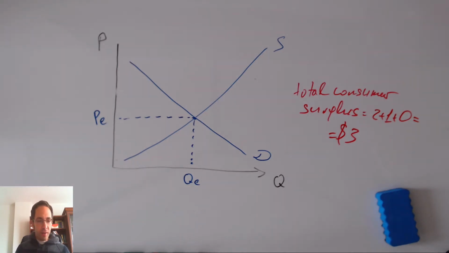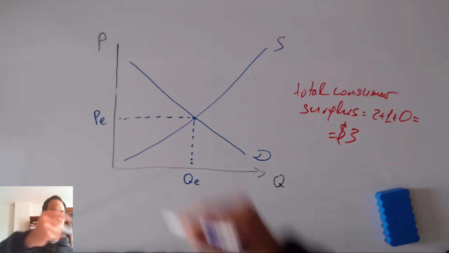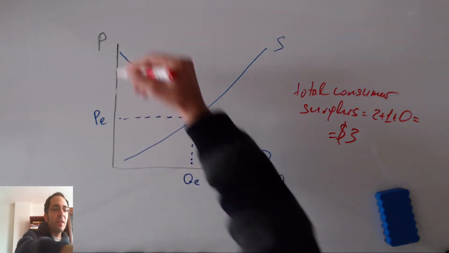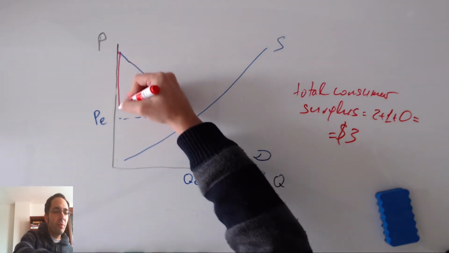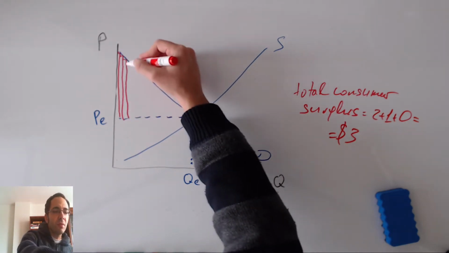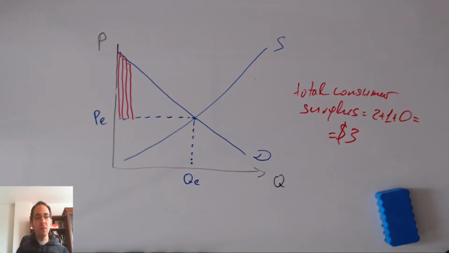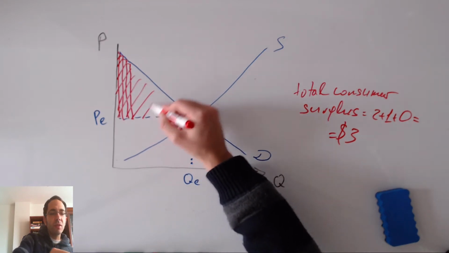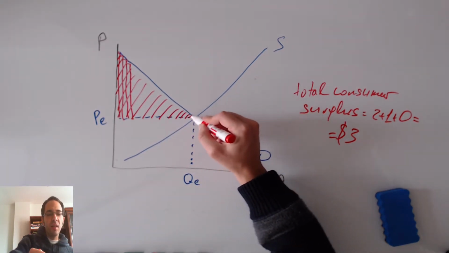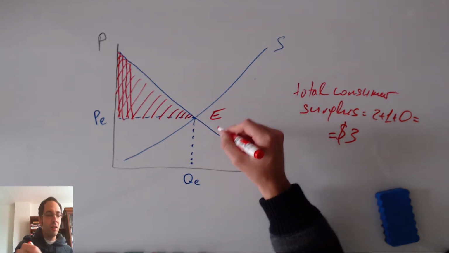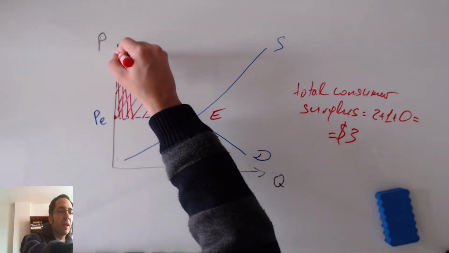So we can imagine this as a series of small columns, but effectively, let me just extend this demand curve like this. If we take this on a per unit basis, it will be made up of thousands, or even more, small columns, and you can estimate the total consumer surplus as the area of this triangle, of this E, PE, and the intersection point.